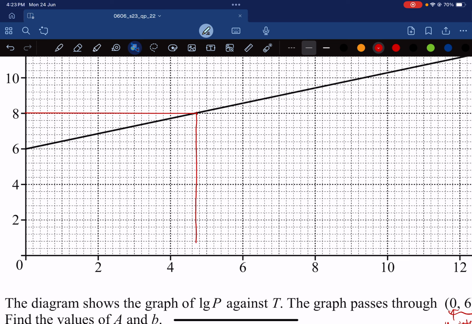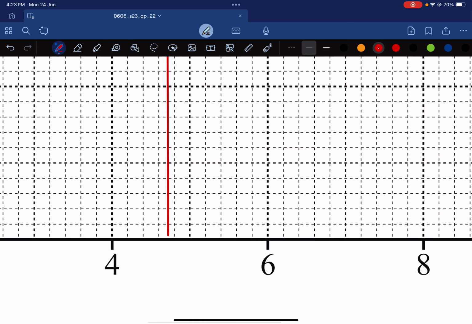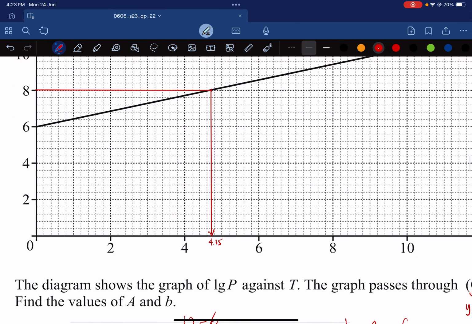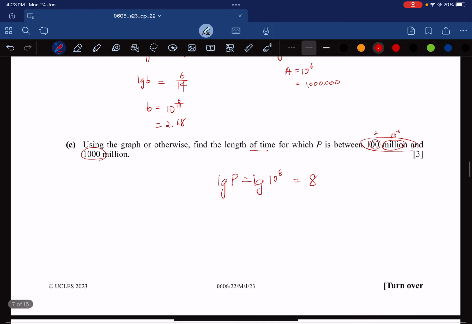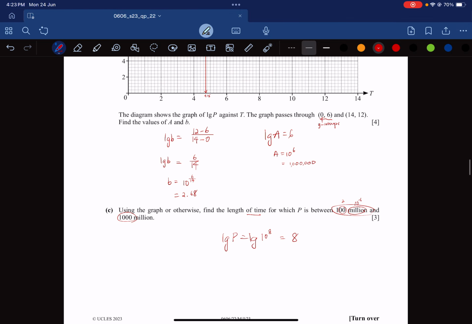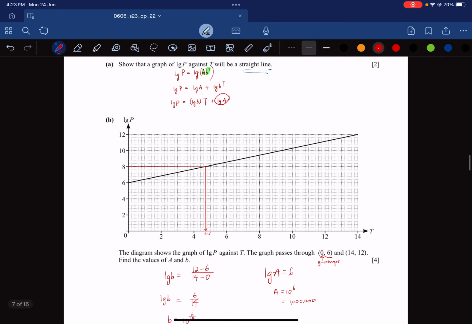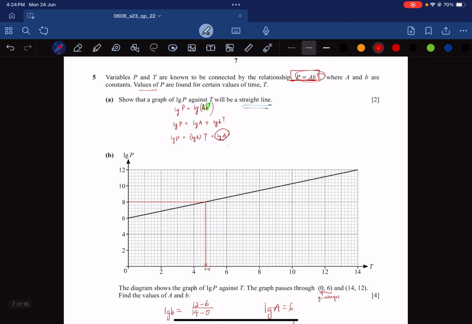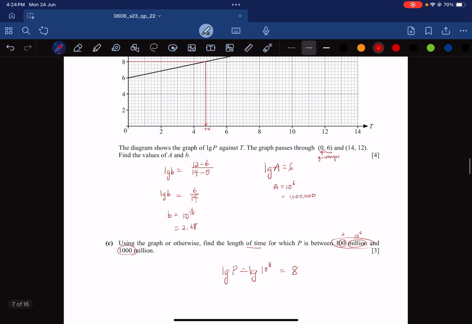Seems like 4.45, something like that. Yeah, 4.35, right? 4.35. Okay, so 4.35t. Let me see, use the graph or otherwise.